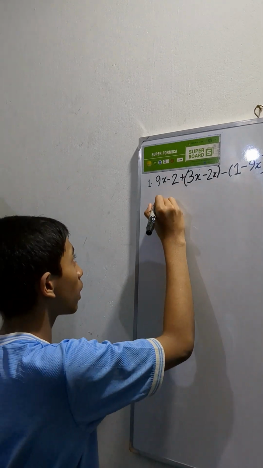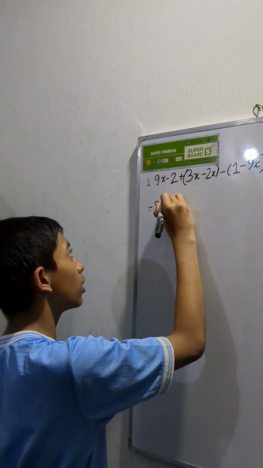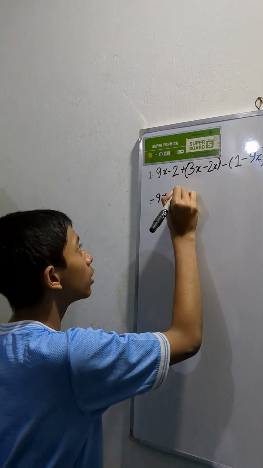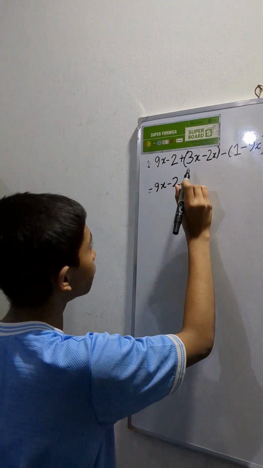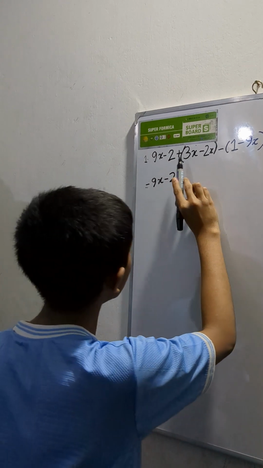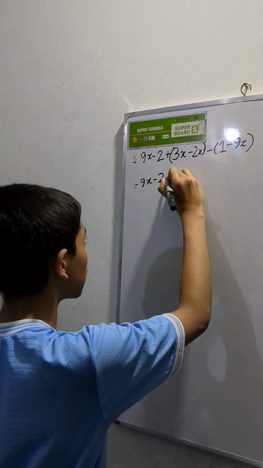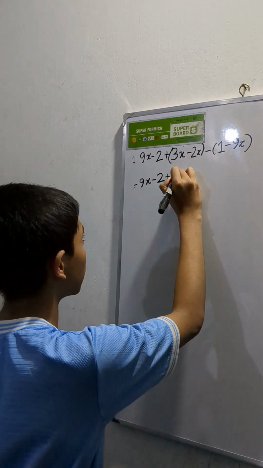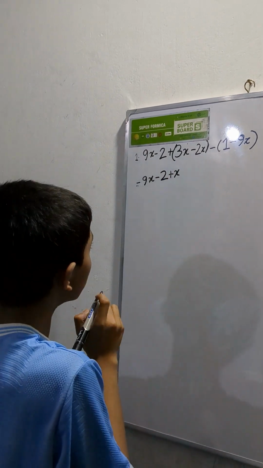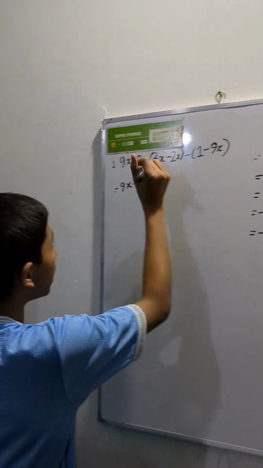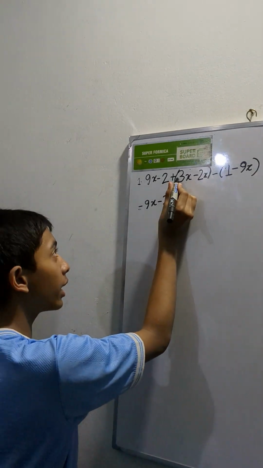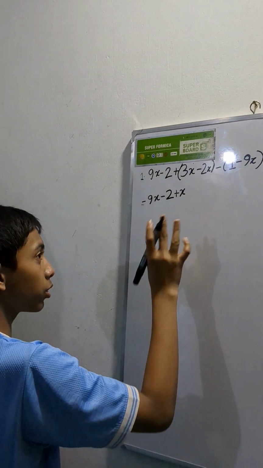So at first we'll write these numbers as it is here. If we subtract 2 from 3, it will be 1. That means only x. So plus x. Remember, if I give here a minus sign, wait, after this I will show you that.